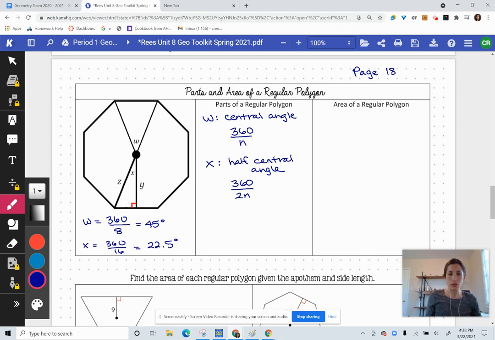Okay. Now the other 2 pieces in the diagram here, we have our Y segment, our Y. We call that an apothem. It's kind of like a fancy name for what I might call the triangle height. So I'll just put that in parentheses.